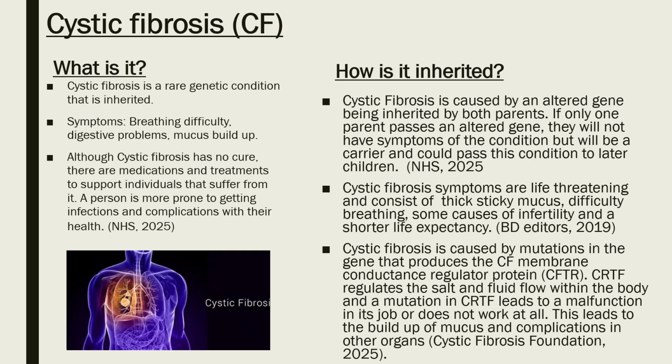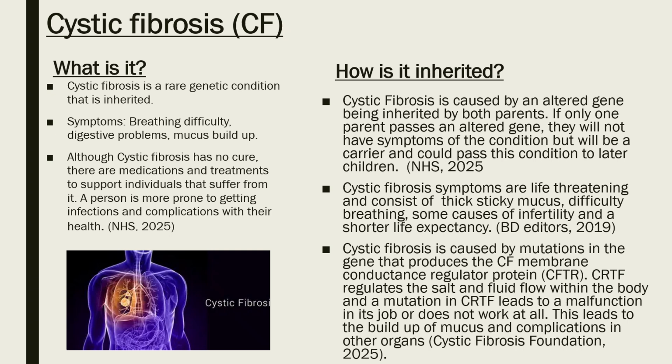Cystic fibrosis is an example of a recessive disease, meaning a person must have mutations in both copies of the affected gene. This means it must be inherited by both parents to have symptoms. Cystic fibrosis is caused by mutations in the gene that produces the cystic fibrosis transmembrane conductance regulator protein.